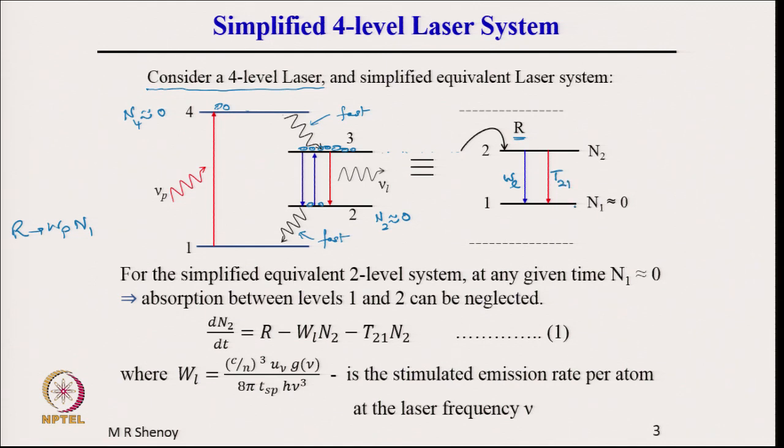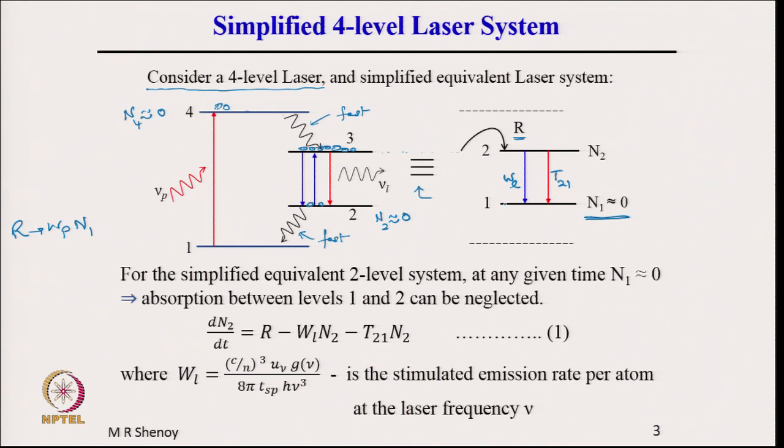Now, we are calling this level 1 and 2, and these two are virtual levels. And note that N1 is nearly equal to 0, because atoms which come here rapidly go down to the ground state. So, that is why we are writing it as an equivalent 2 level system, where there is a pumping rate R and transitions, stimulated emission transition and spontaneous emission transition, which is taking place.